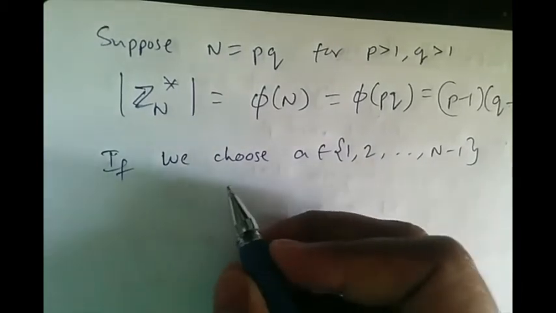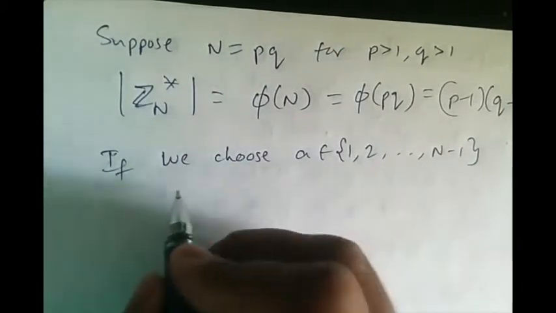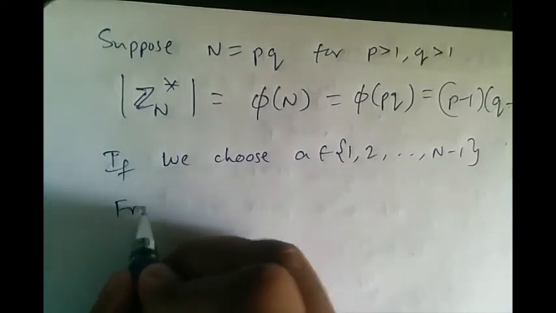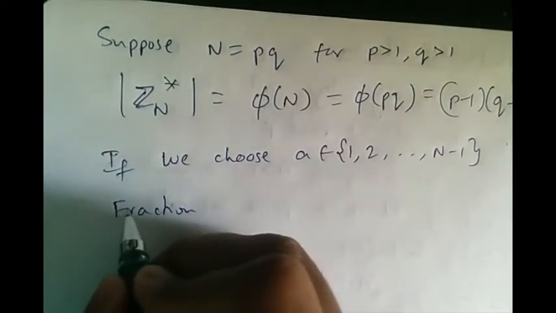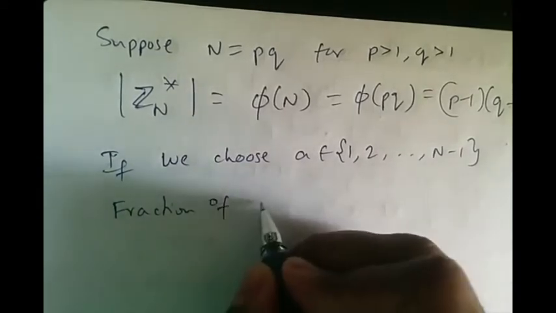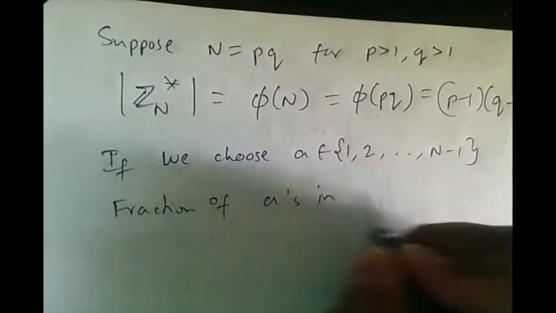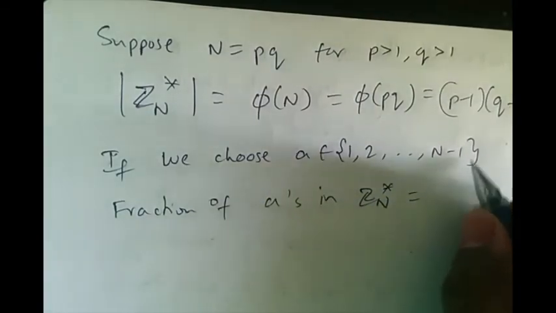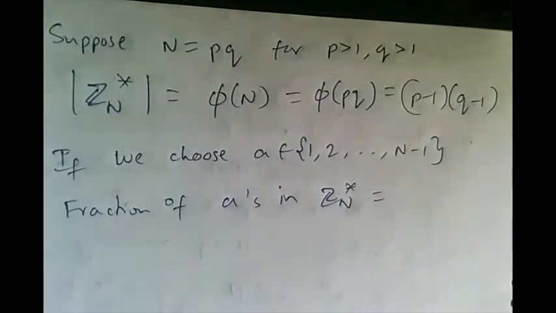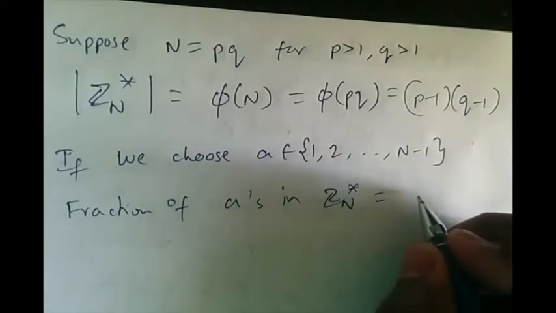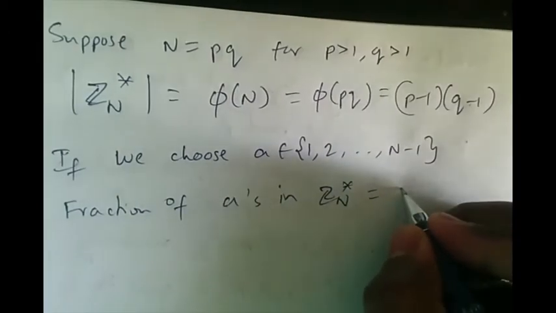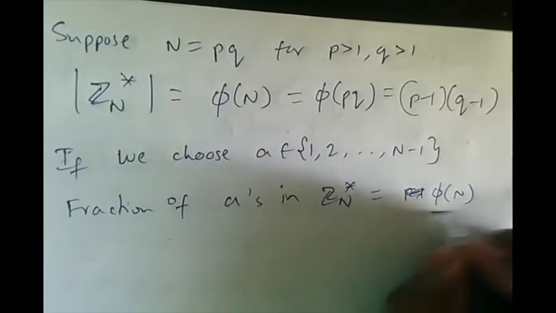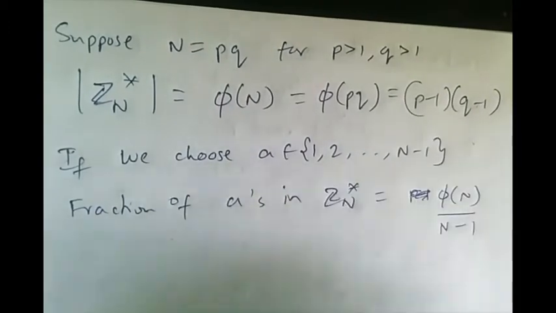We said that the integers not in Zn star are rare. The fraction of a's in Zn star is going to be this size divided by n minus 1. In general, it is phi of n by n minus 1.